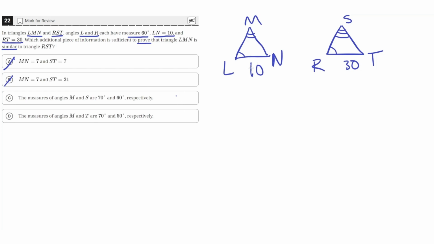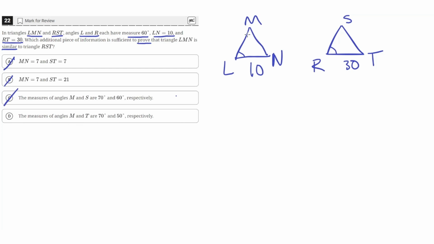Two similar triangles have equal corresponding angles, so L would equal R, M would equal S, and N would equal T. So C is not correct either, which leaves us with D, but let's see why D is correct.